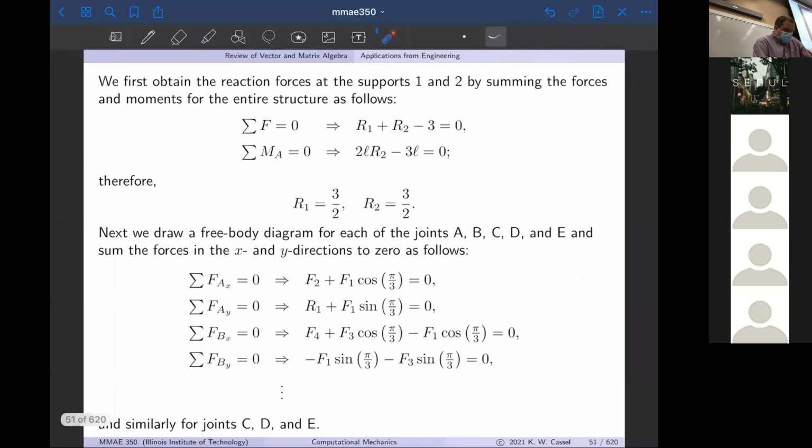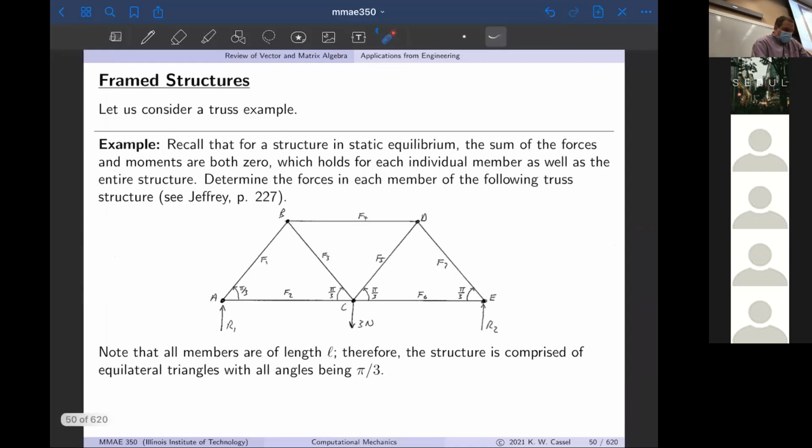So what you do is sum the moments, and you can pick any point you want. I'm going to sum around joint A here at the left. I have a moment from the 3 Newton force down, and a moment from the R2 force up. This one has a moment arm of L, this one has a moment arm of 2L.